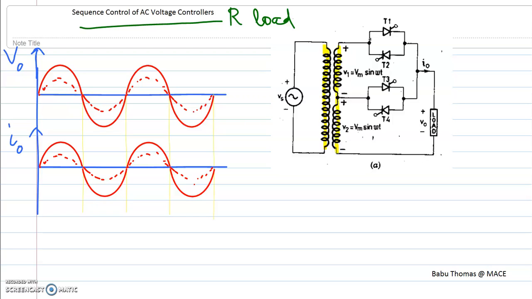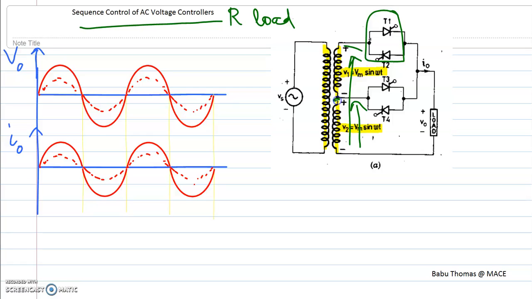In that, the voltage V1 is equal to Vm sin omega t and V2 is equal to Vm sin omega t. Therefore the voltage across the thyristor set T3 and T4 is nothing but Vm sin omega t, and the voltage across the T1 T2 thyristor set is 2 Vm sin omega t.